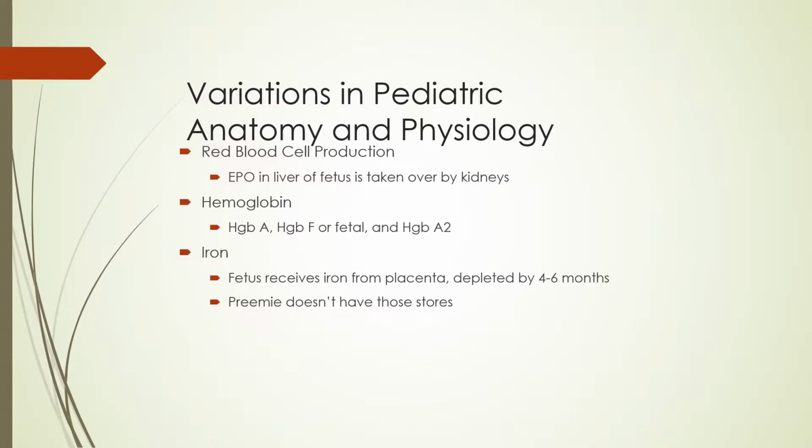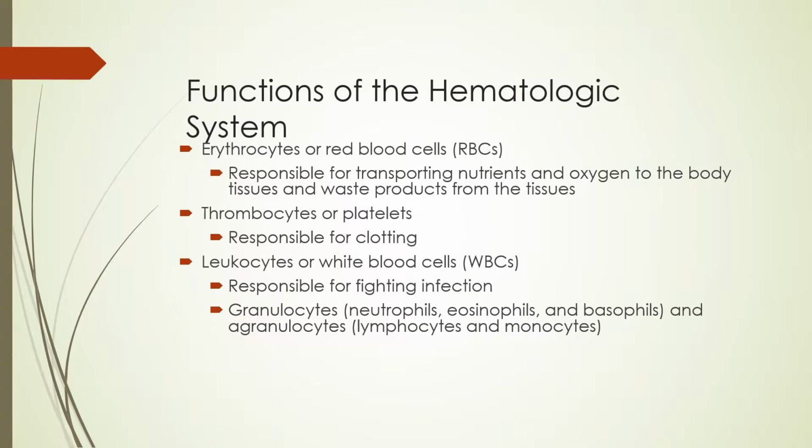Now, preemies, this transfer of iron from the placenta doesn't occur until the later months of pregnancy, the last few weeks. And so a preemie doesn't have that advantage. They don't get those stores of the iron from their moms. So they are already born iron deficient. I love this stuff, and forgive my nerdiness, but this is so cool.